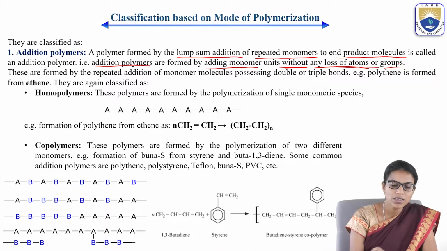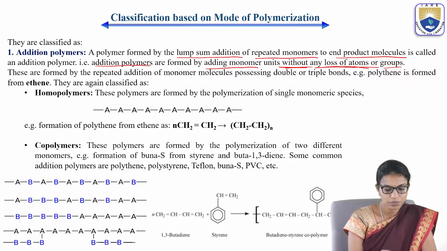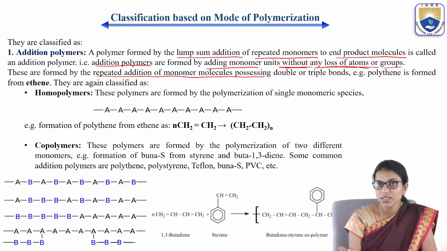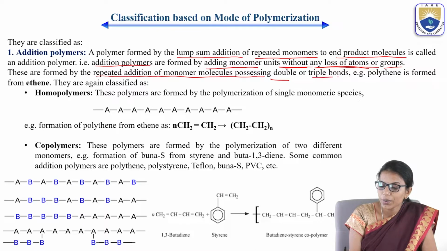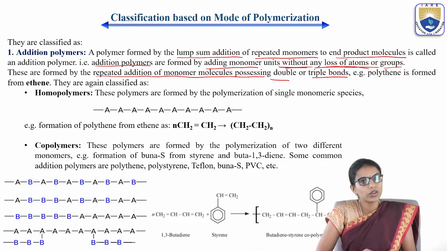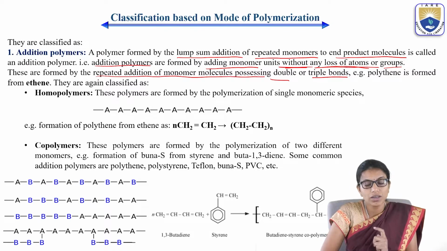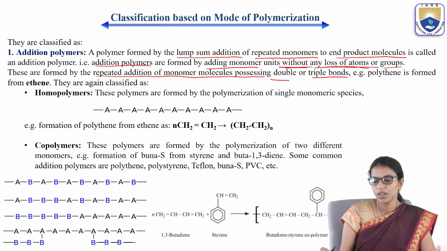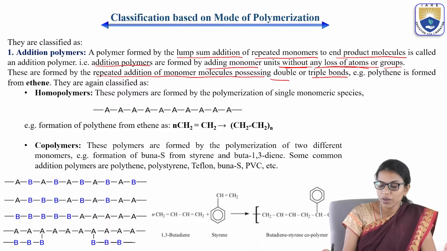That will be known as the addition polymer. These are formed by the repeated addition of a monomer molecule possessing a double bond or triple bond. For addition polymers, this is mandatory: a monomer should have a double bond or triple bond. Otherwise, it will never form.